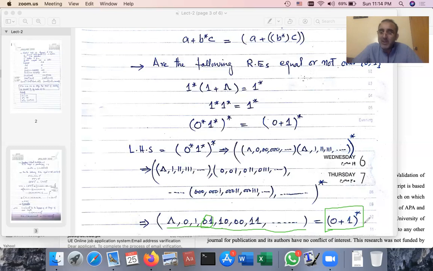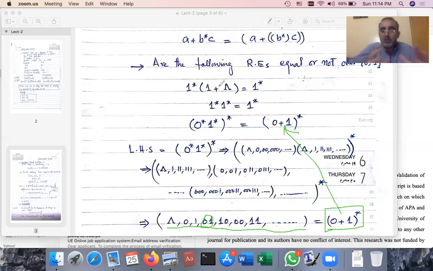So I can represent my theoretical statement in this mathematical form, 0 plus 1 whole star. And this is the same thing which is mentioned here on the right hand side. So that's why the left hand side that we started working on here is equal to the right hand side.